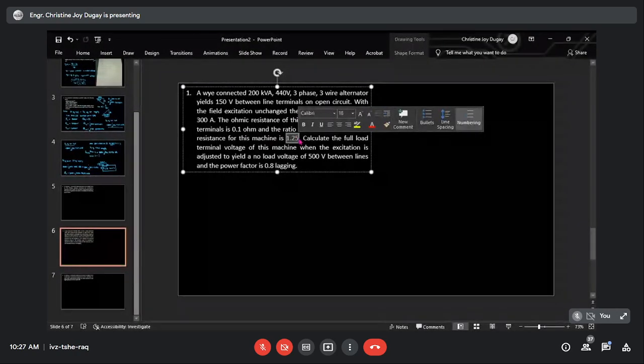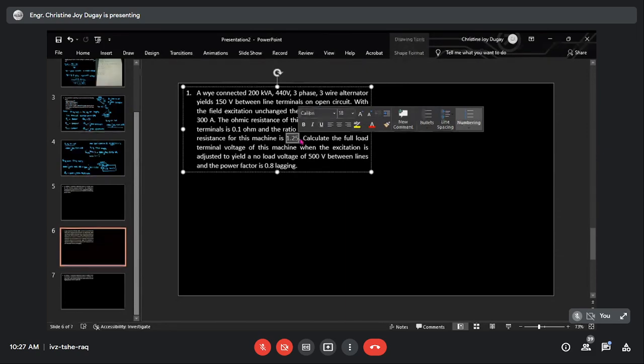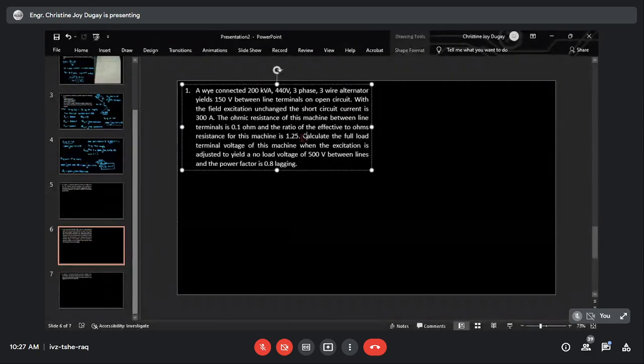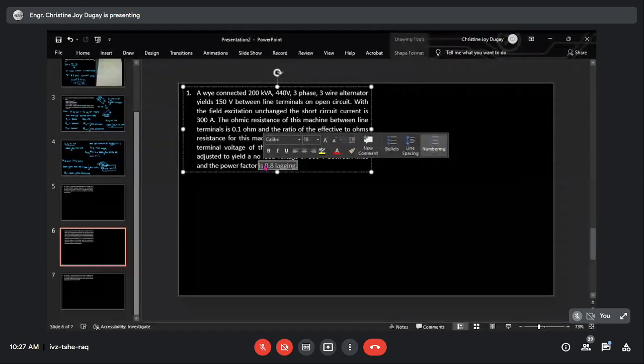Para yun ang gagamitin natin na resistance. Or that is the effective resistance. Ang tanong ngayon, calculate the full load terminal voltage of the machine when the excitation is adjusted to yield a no load voltage of 500 volts between lines with a power factor of 0.8 lagging.